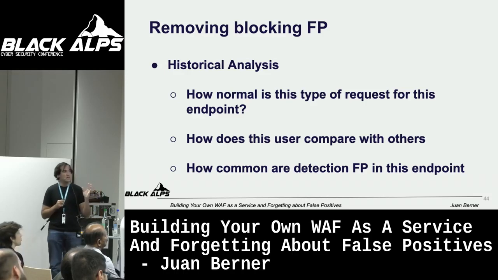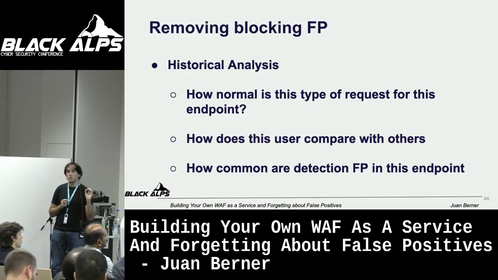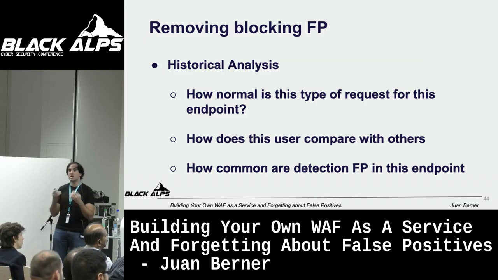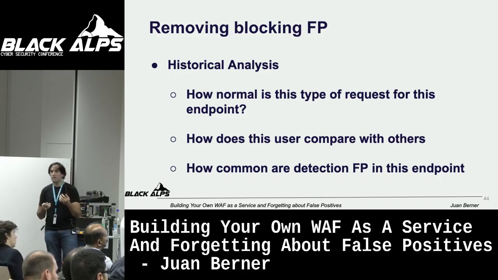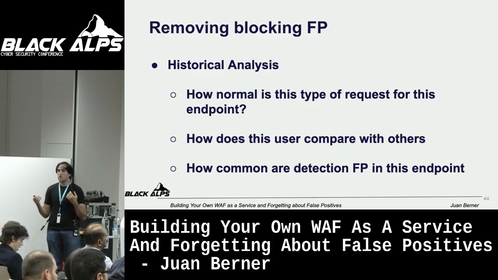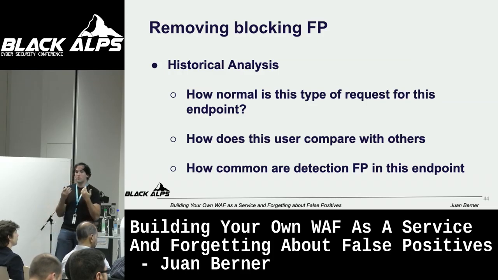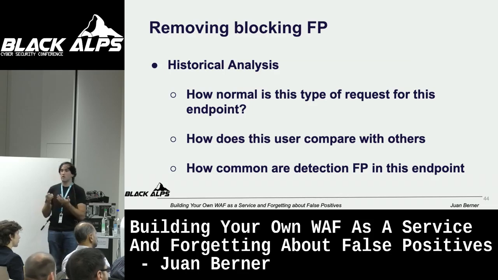Then the historical analysis is quite similar, but you can take into account more things. Like in this particular endpoint, which is your chat endpoint where people are sending messages, maybe the probability of a false positive for SQL injection is a lot higher. So instead of going and trying to tune it in a ridiculous way, you can actually say, okay, my score, or the probability of this being malicious, is going to take that into account. So you're also taking into account the previous activity of the detection of false positives.